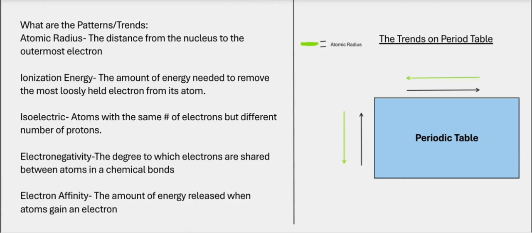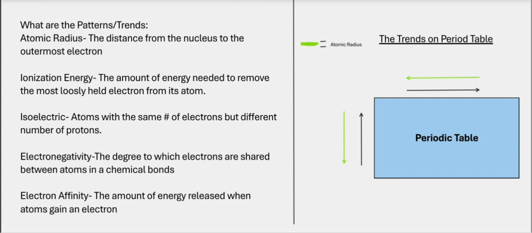Isoelectric is pretty self-explanatory. Electronegativity is, whenever you are bonding elements, where the electrons are most likely to be found, or which element they're going to be closer towards. And electron affinity is a little bit more self-explanatory.